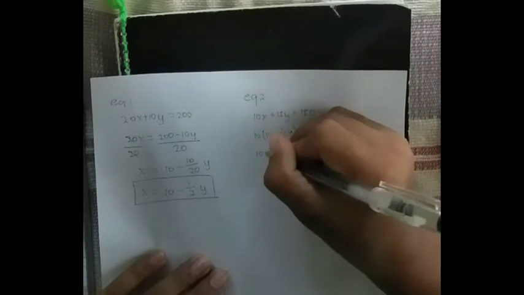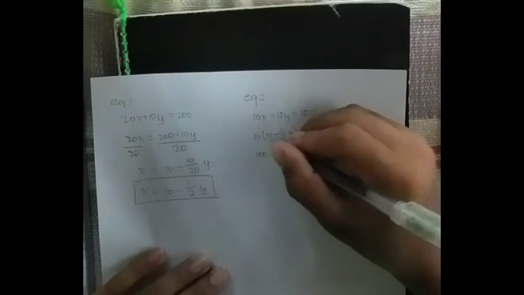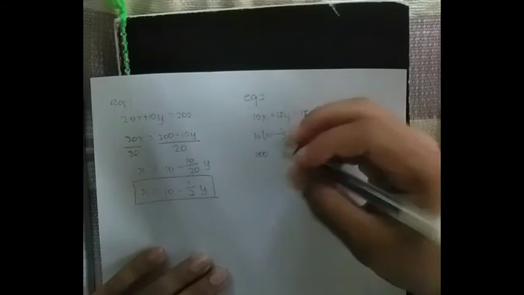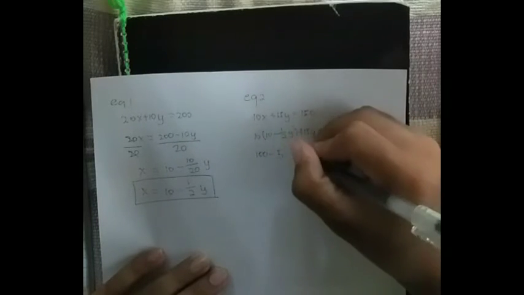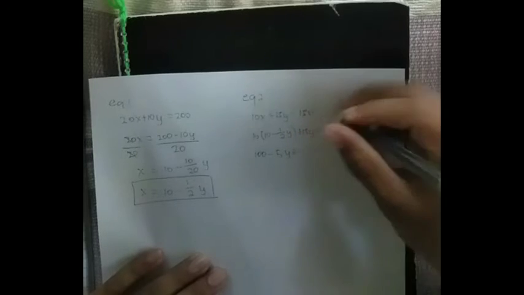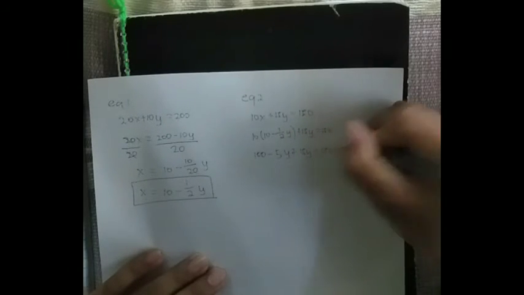So 10 times 10 equals 100. Then 10 times 1 is equal to 10, divided by 2 is equal to 5y. So 100 minus 5y plus 15y equals 150.